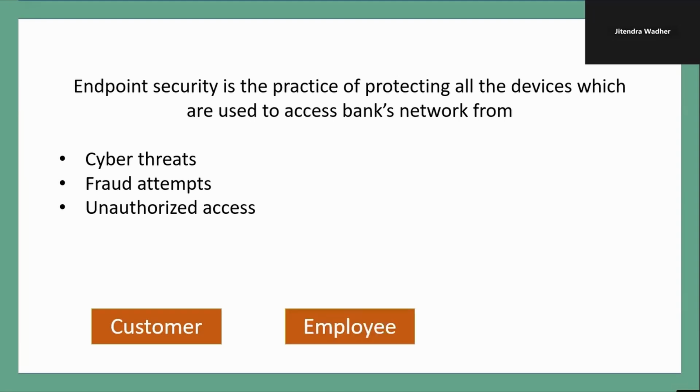Then employees are obviously working for the bank, so they access the bank network. And the third category would be merchants. Merchants allow use of debit card or credit card, where we go and purchase something and then we swipe our card on the POS terminal to make payment, right? So these are the three categories of people who are using the bank's network, and endpoint security should be applied to the device through which they are accessing the bank's network.